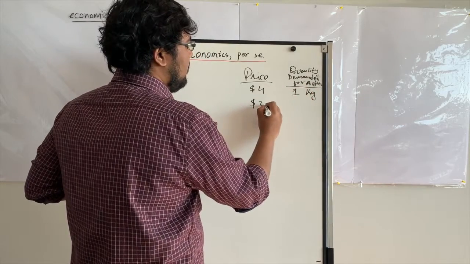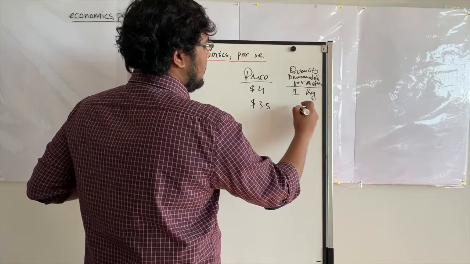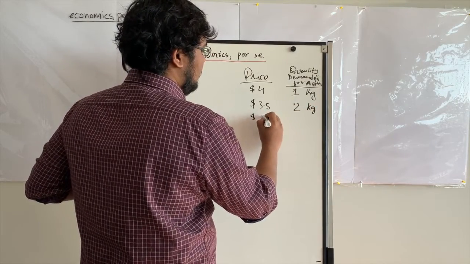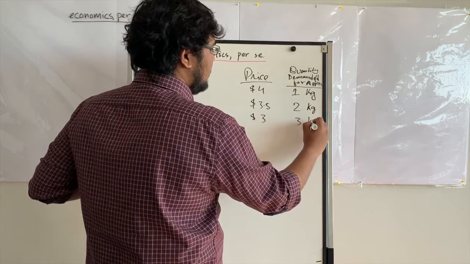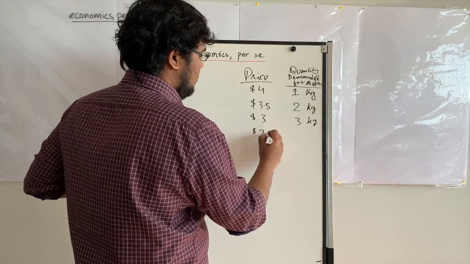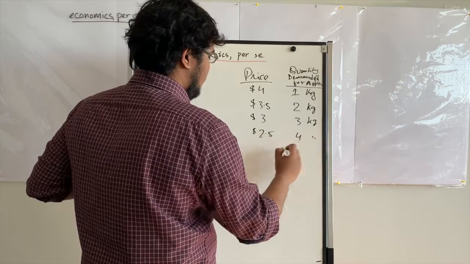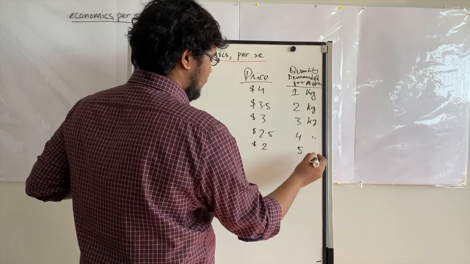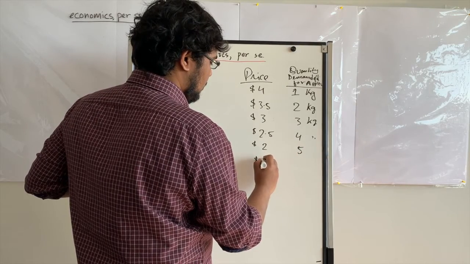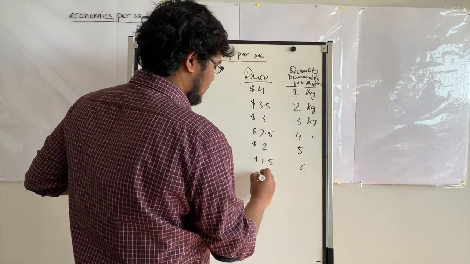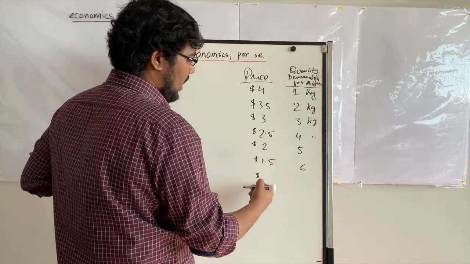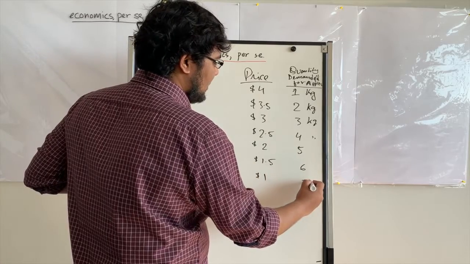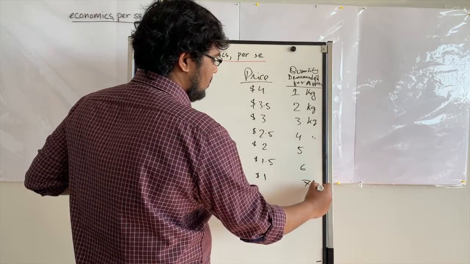When it's $3.5, let's say it's now 2 kilograms. And this will go on like this. When it's $2, let's say 5 here, when it's $1.5, 6, and at a dollar per kilogram, people would consume 7 kilograms of apples.